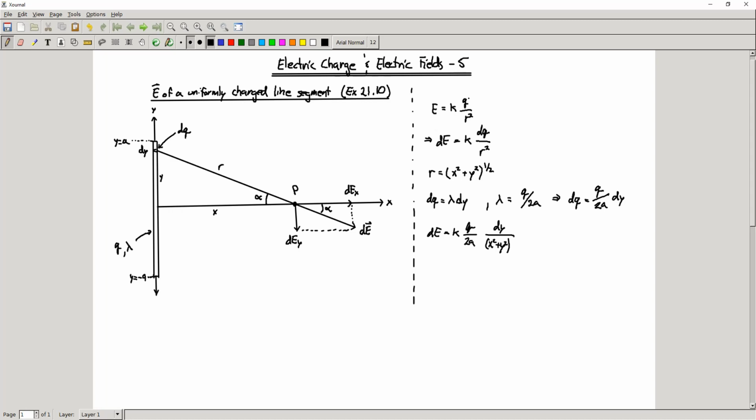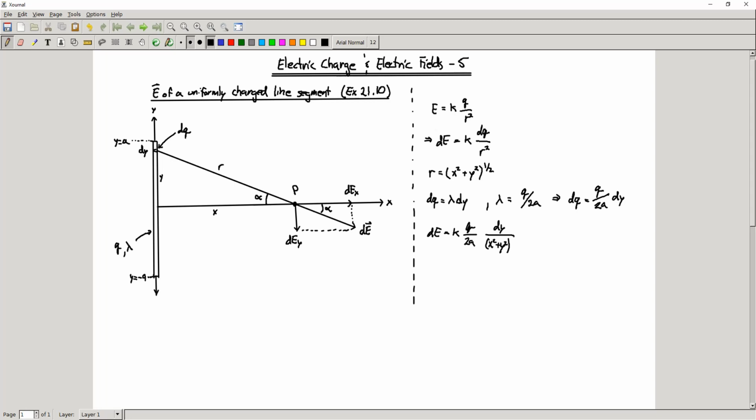Okay. Let's just take a second to appreciate what we've done here. We started off by knowing what the electric field from a point charge would look like. We're then breaking up our uniformly charged rod into a bunch of infinitesimal contributions to our electric field at the point that we're interested in. We then need to find what r is. We did that.